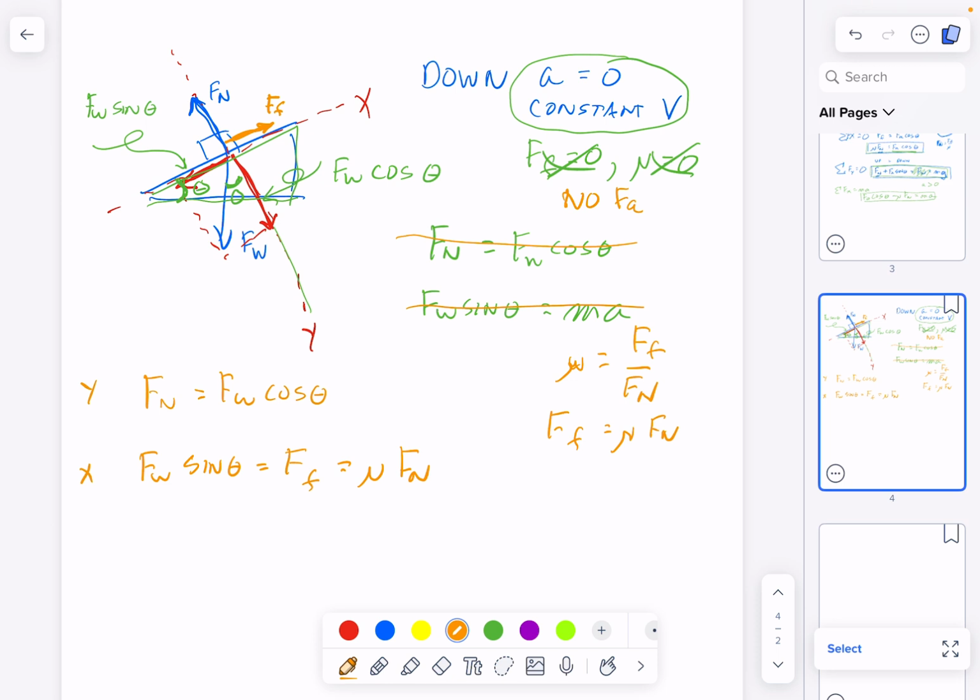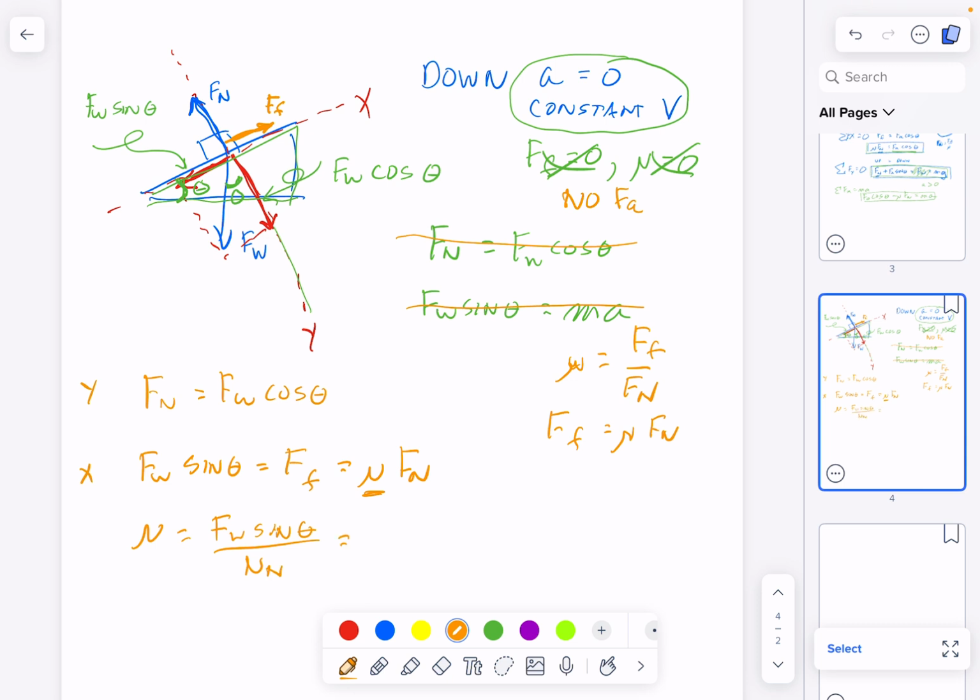Now, as we begin to solve this equation for mu, we can see that mu is going to equal Fw sine theta over F sub n.